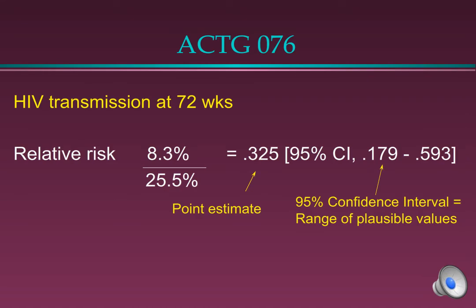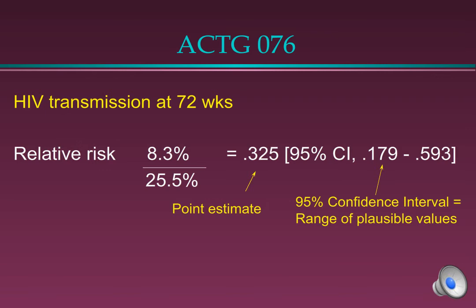So in ACTG 076, we see the relative risk is simply 8.3% divided by 25.5%, or 0.325, with a 95% confidence interval of 0.179 to 0.593. You can think of the relative risk here, the 0.325, as being the point estimate. That's our best guess for the actual relative risk in a biological sense.